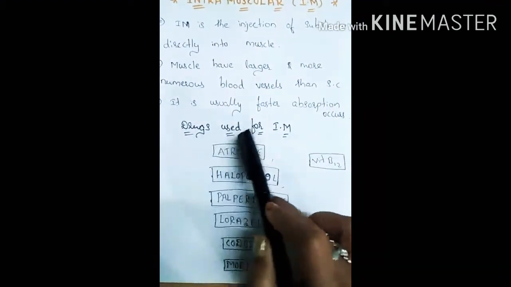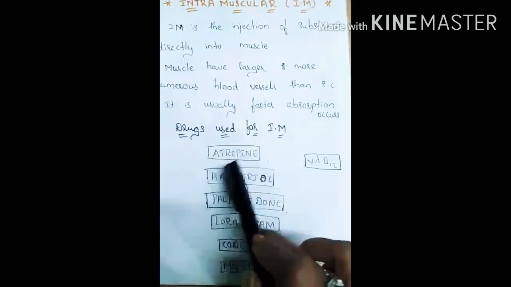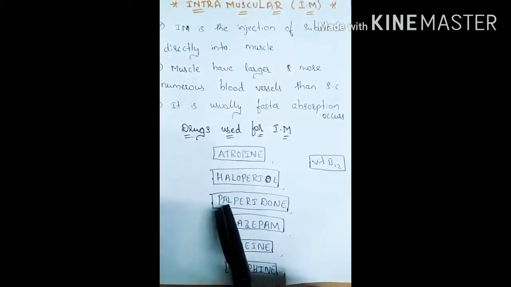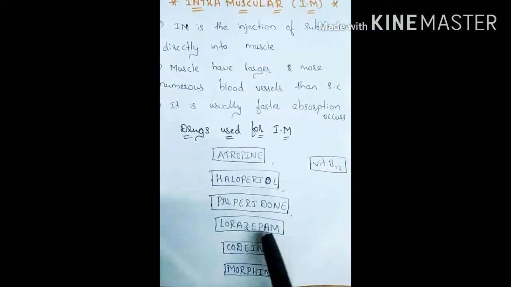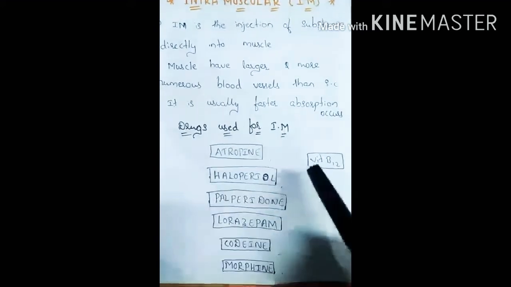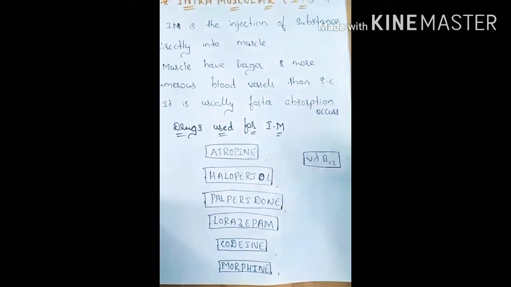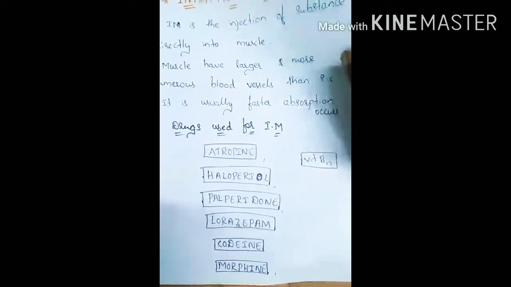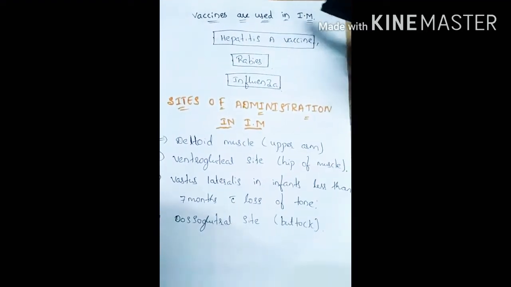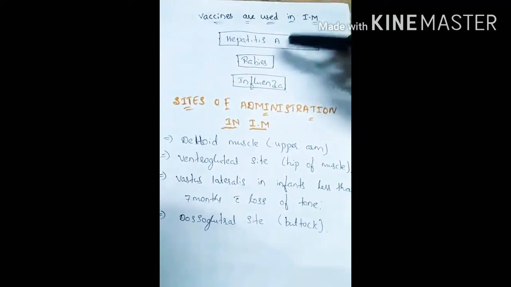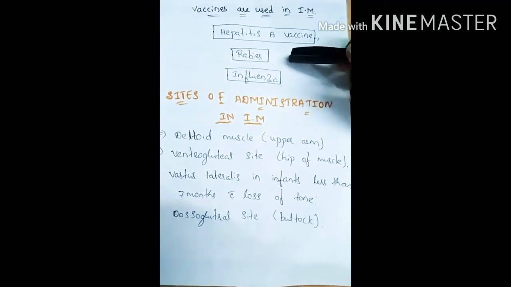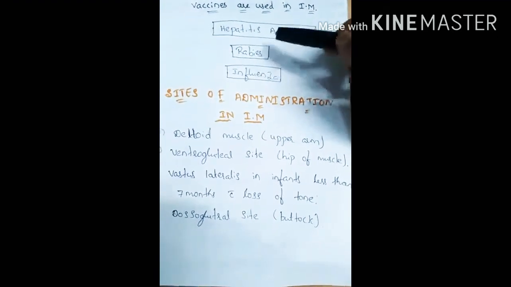Next, drugs used for IM are atropine, haloperidol, paliperidone, lorazepam, codeine, morphine and vitamin B12 injections. Next, the vaccines also used in IM are hepatitis A vaccine, rabies vaccine and influenza vaccine.